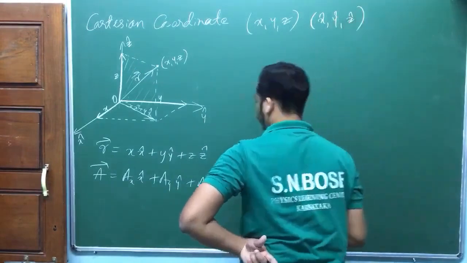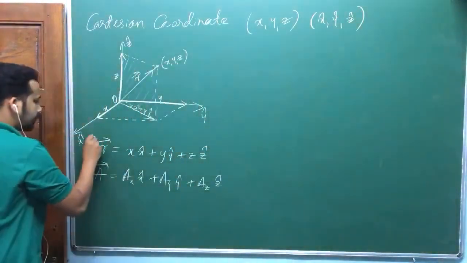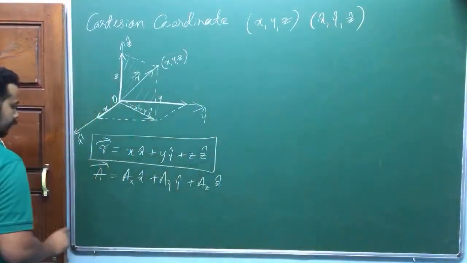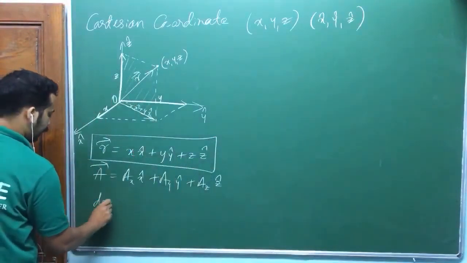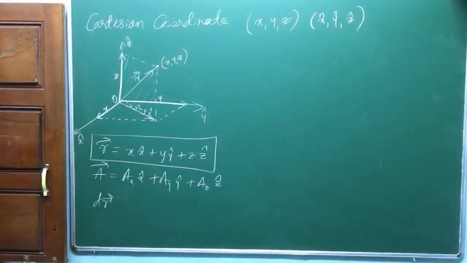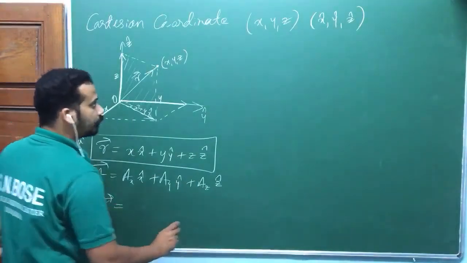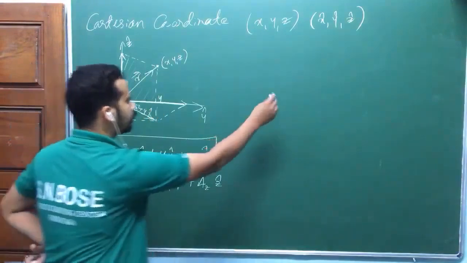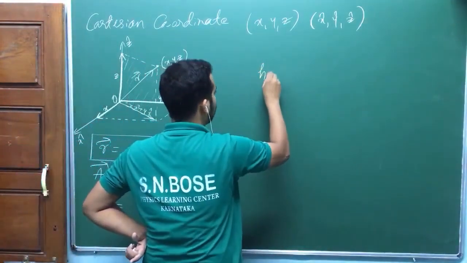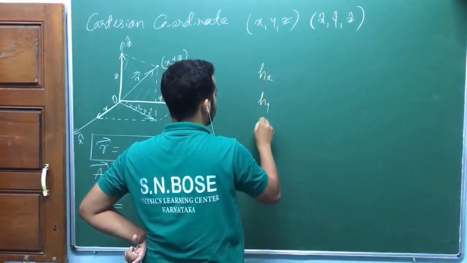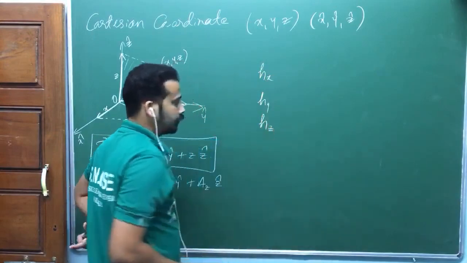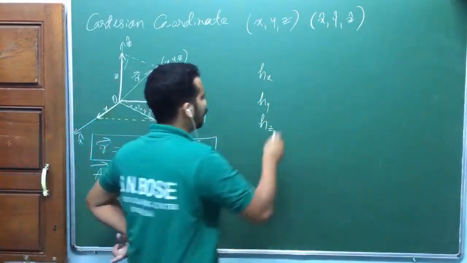Now next thing is, once you define this r vector, you can define the dr vector. You better remember the dr vector like this. Once you define this r vector, just like h1, h2, h3, define hx, hy, hz first. What is hx?